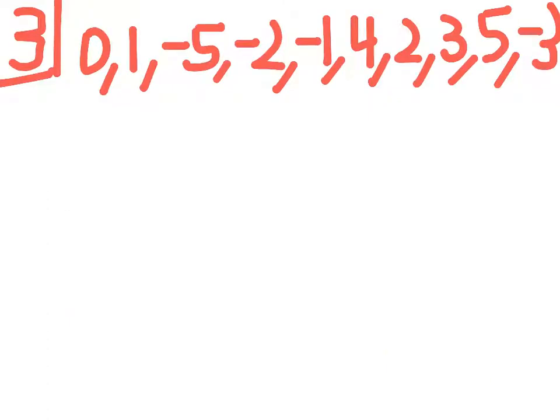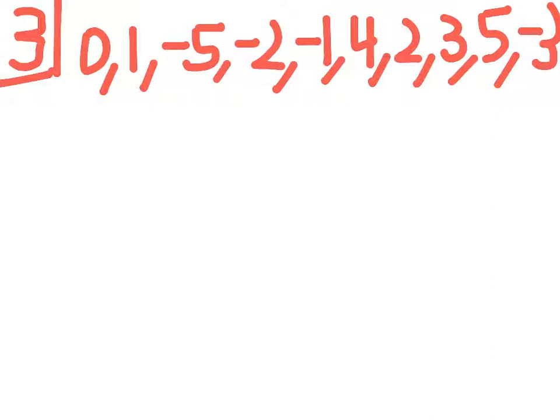And so example 3, we also see on page 79, down at the bottom, says the top 10 fourth round scores of the 2004 LPGA Championship Tournament were the following: 0, +1, -5, -2, -1, +4, +2, +3, +5, and -3. Order these from least to greatest.